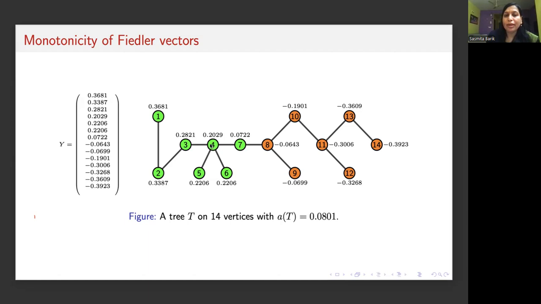So if you move along, starting with a positive vertex and going further, these entries will monotonically decrease, in any path you go.